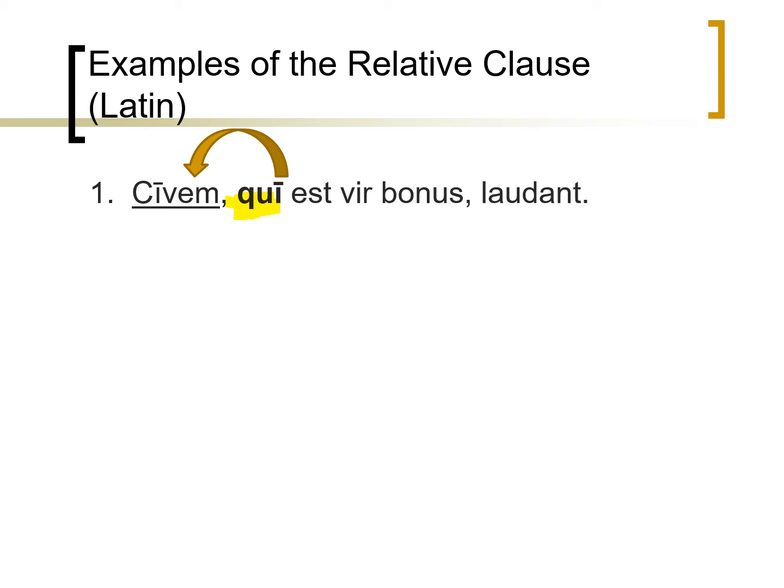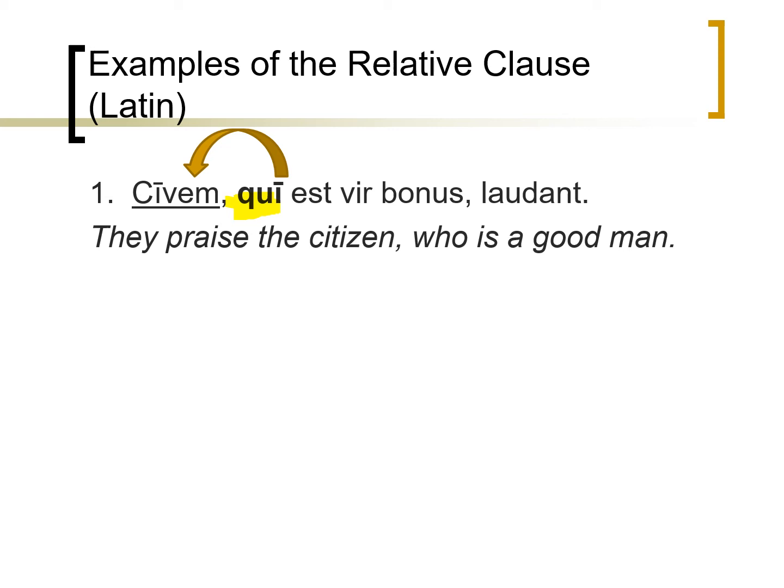And then the entire clause also tells us about that antecedent. They praised the citizen who is a good man. Now, one thing I want to point out, quem is accusative. Qui is nominative. Remember, they don't have to be the same case. Qui is nominative because it is the subject of est. Quem is accusative because it is the direct object of laudant. They praise the citizen who is a good man.